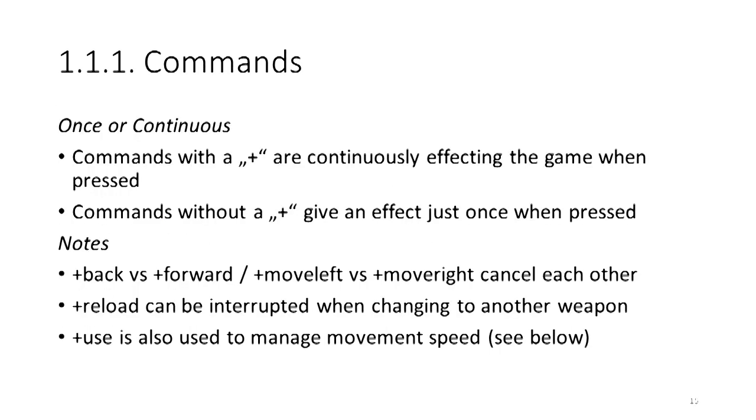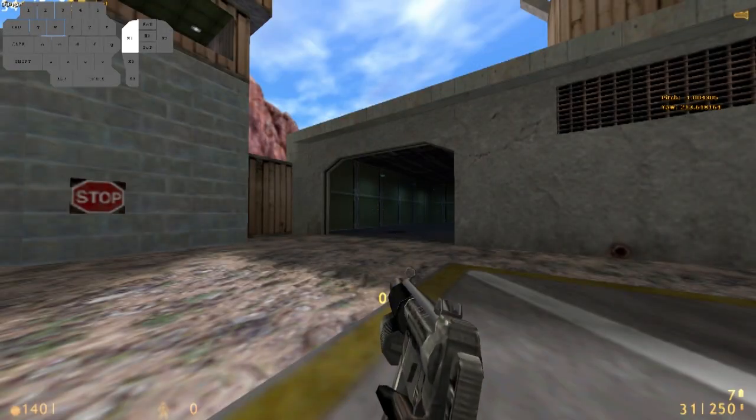Commands without a plus give an effect to the game just once when pressed, so if you want to renew this command, you have to press it again. Whereas commands with a plus continuously affect the game, for example when having a machine gun and pressing plus attack. It is noteworthy that you can actually interrupt a reloading process of a weapon when you change to another weapon.